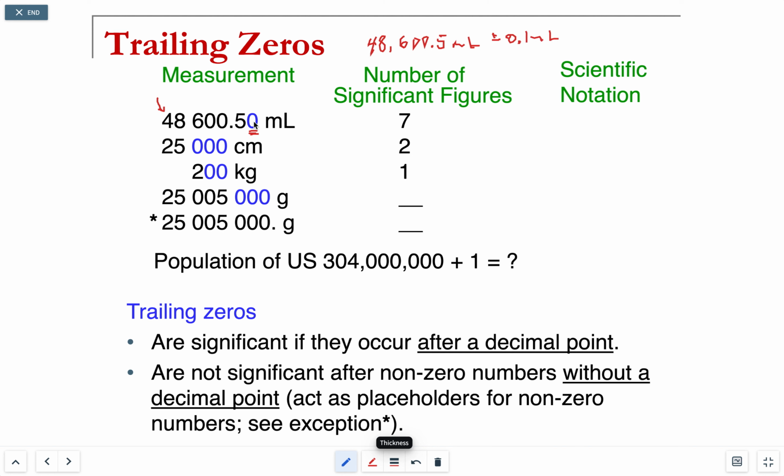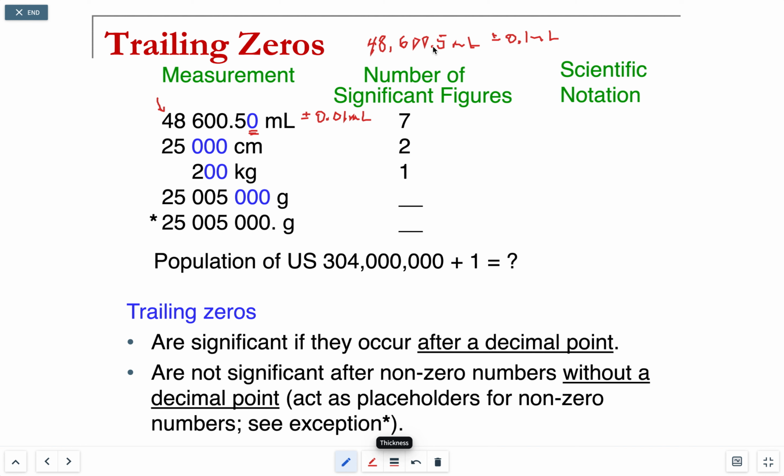But writing it with the 0 after it isn't changing the value of the measurement, but it's changing the information content, because what it implies is that we know this value to plus or minus 0.01 milliliters. So in other words, we constrain what this measured value's range of possible values.